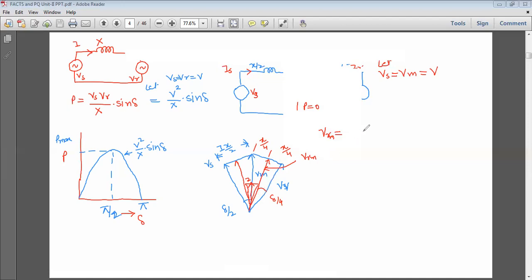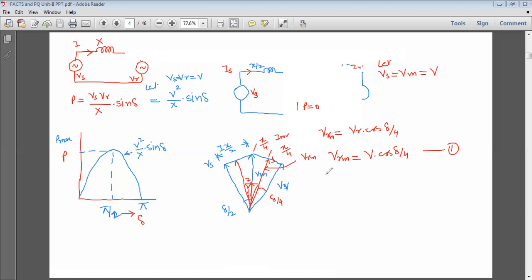It is equal to VR into cos of delta by 4, as this angle is delta by 4, and VR is nothing but V. So VRM is equal to voltage V into cos of delta by 4. This is one value we have found, the voltage at the one power transmission section. Now similarly the current which is flowing, it is IMR.